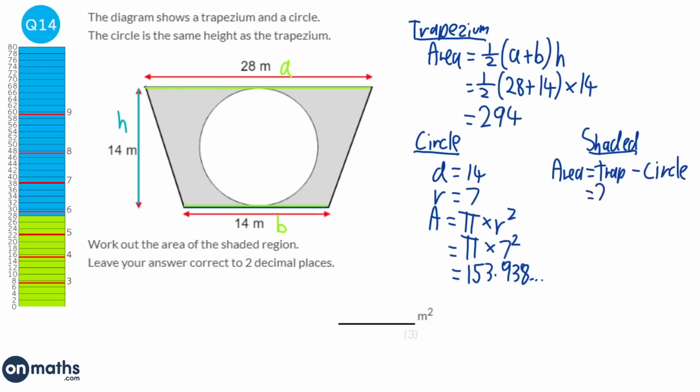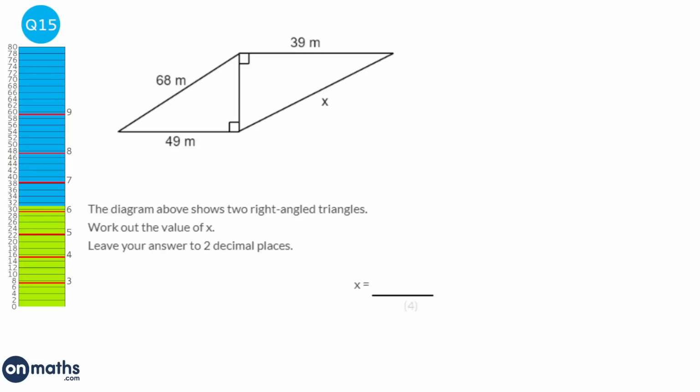So the trapezium's 294, the circle's 153.93..., and when you do that you get 140.061... It wants it to 2 decimal places, so it would be 140.06.